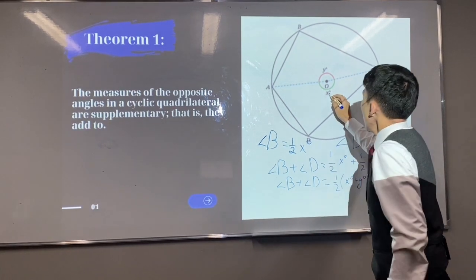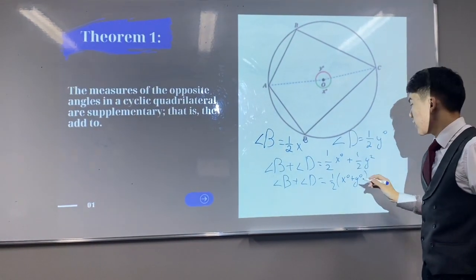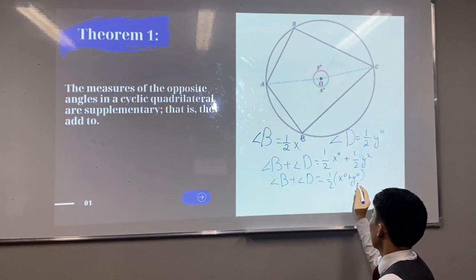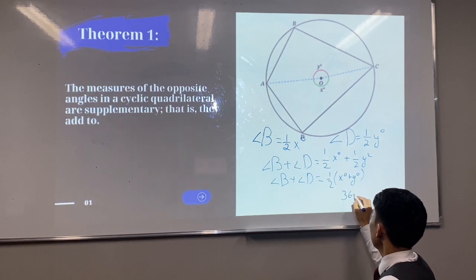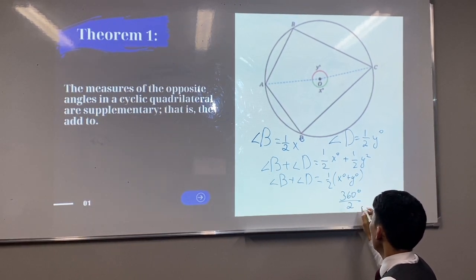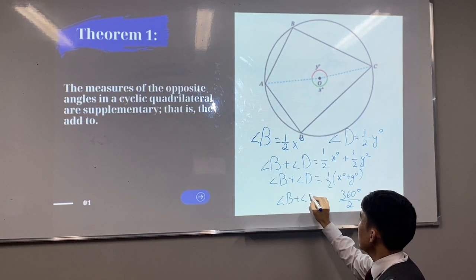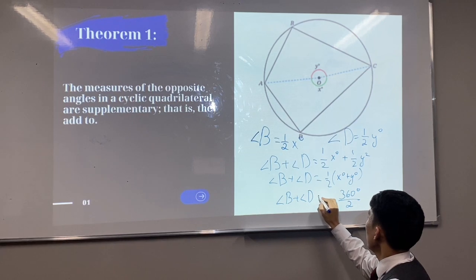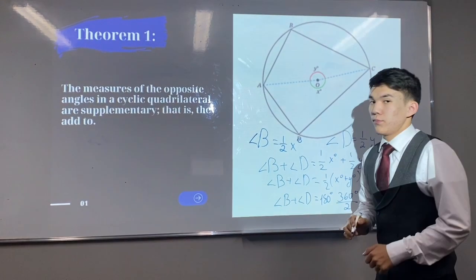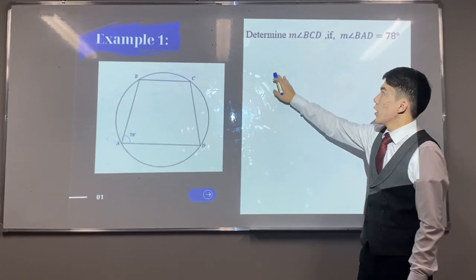We know that x plus y equals 360 degrees. Dividing by 2, the sum of angles B and D equals 180 degrees. We proved it.